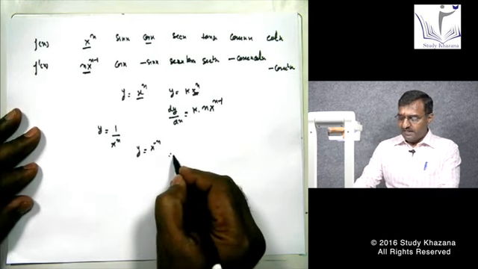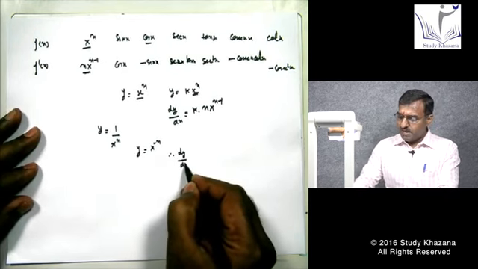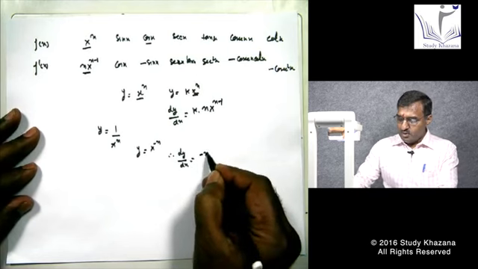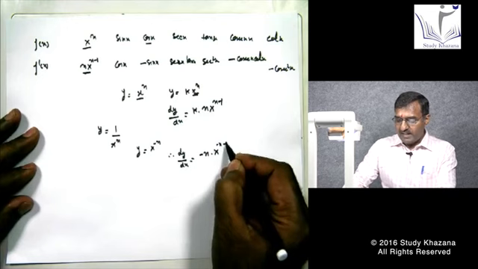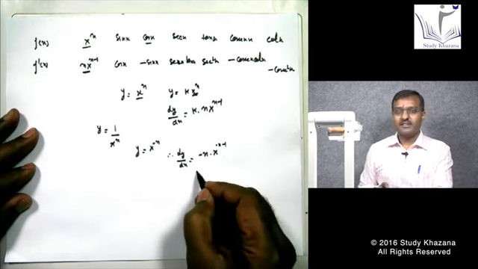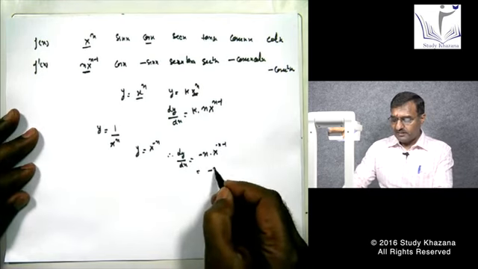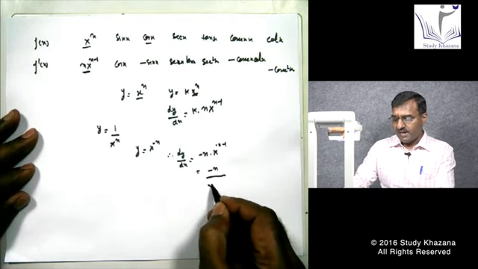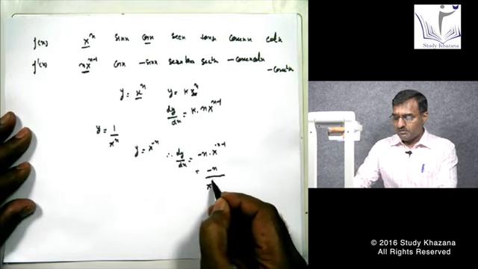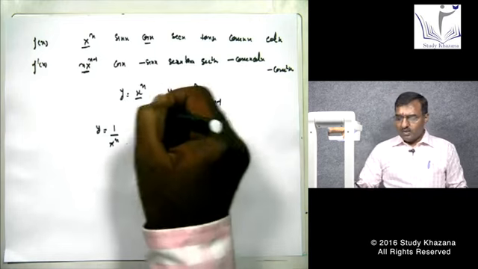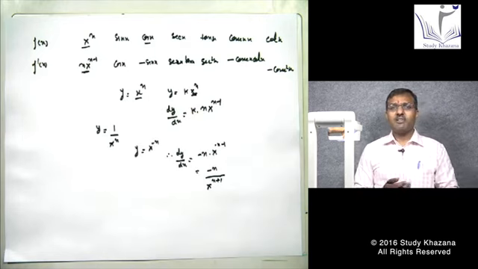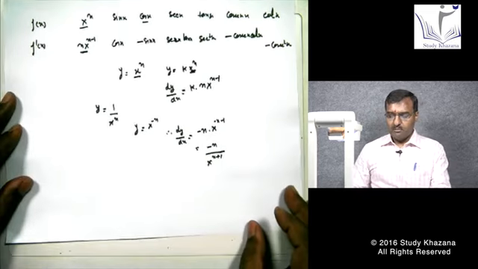Now the derivative: dy by dx equal to minus n into x to the power minus n minus 1. Now this again I can write in the denominator, so minus n divided by x to the power n plus 1. So whatever be the form of a function, I can differentiate it in a simple manner.